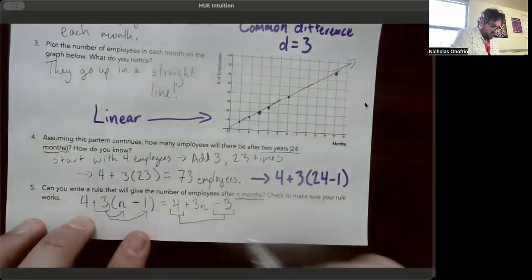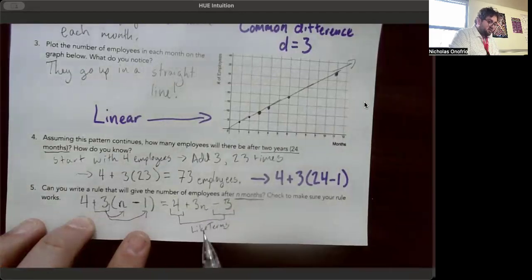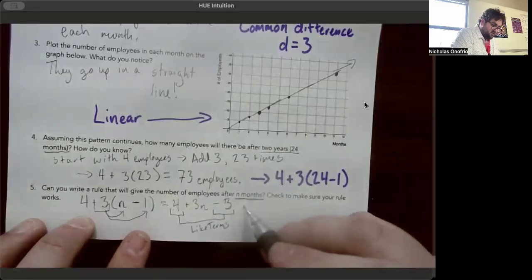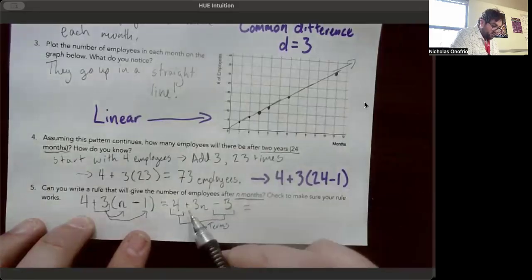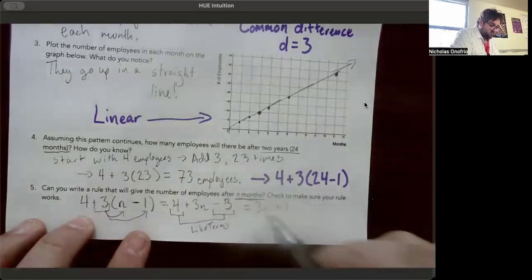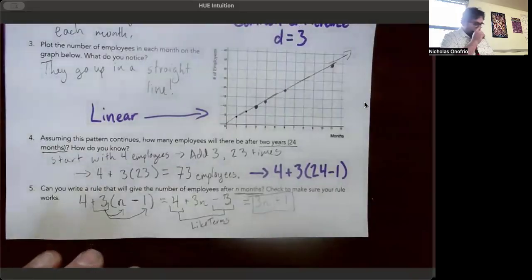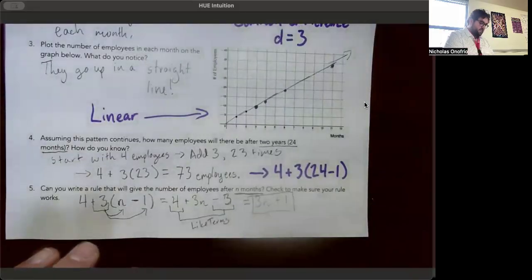These can combine because they are like terms. So I can take 4 minus 3. It's going to give me 1. Nothing happened with that 3n, so we can put that at the front. 3n plus 1. And there's our equation.